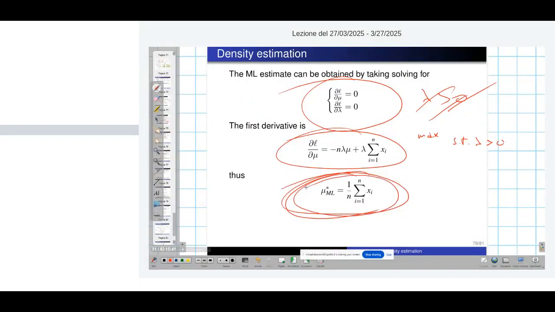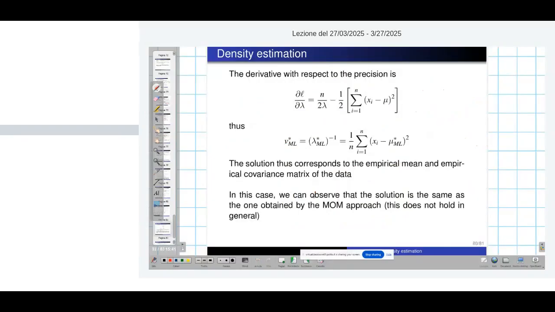This is the derivative of the likelihood; I'm not going to prove it. Solving for mu will give the solution that is, again, the same as the method of moments. It's the empirical mean of the dataset. The empirical mean of the dataset is the maximum likelihood solution for the estimation of the mean parameter.